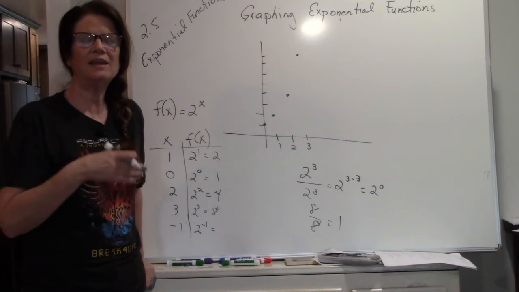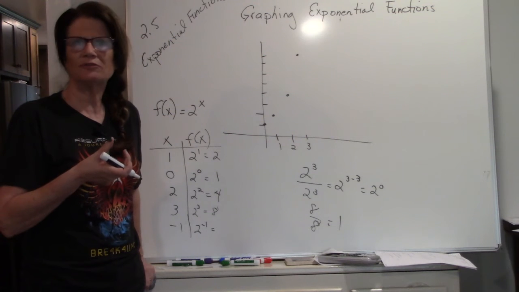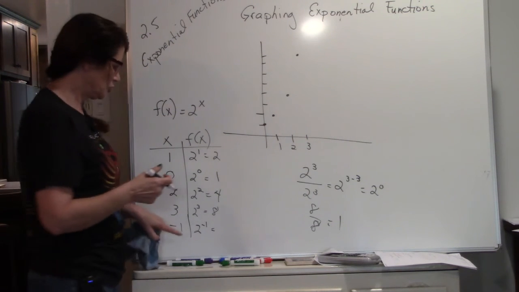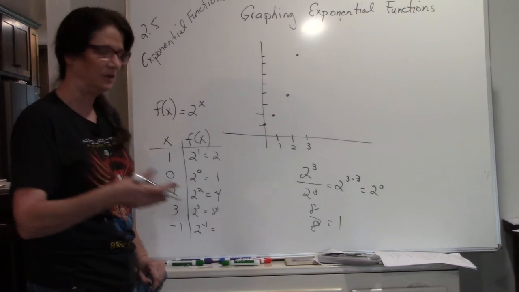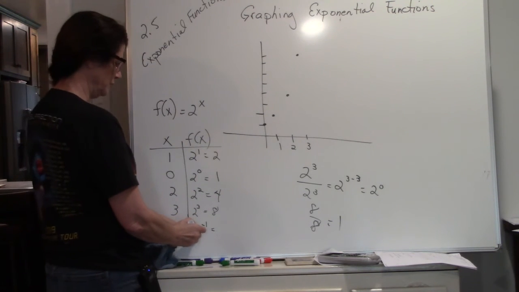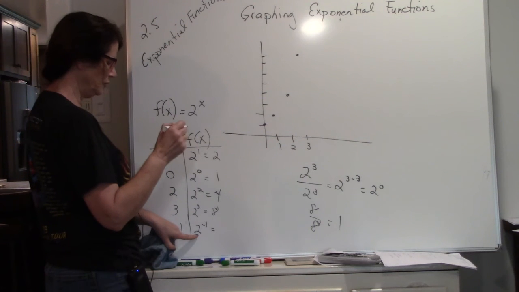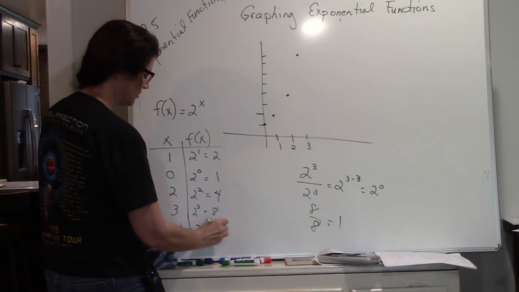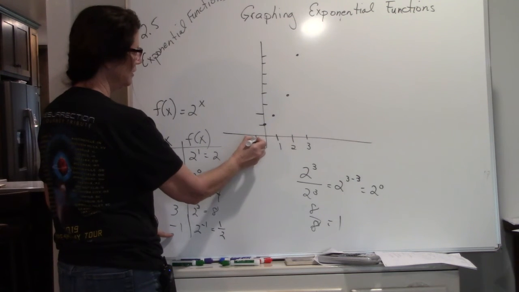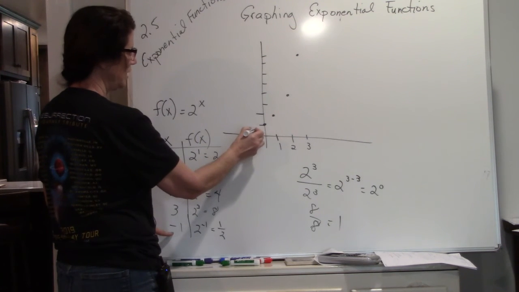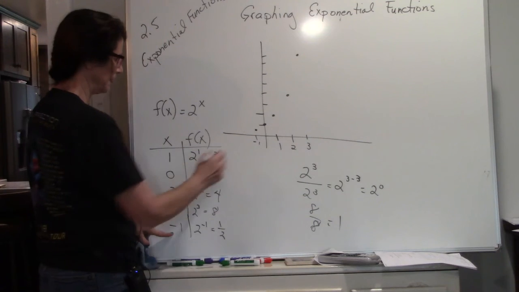When you have a negative exponent, all that means is flip it over. That's all it means. So whenever you see a negative exponent, what you're going to end up with is a fraction. So when I flip this over, this becomes 2 to the first power, which is 2. So it's going to be 1 over 2. So when x is -1, here's my -1, y is going to be 1/2.